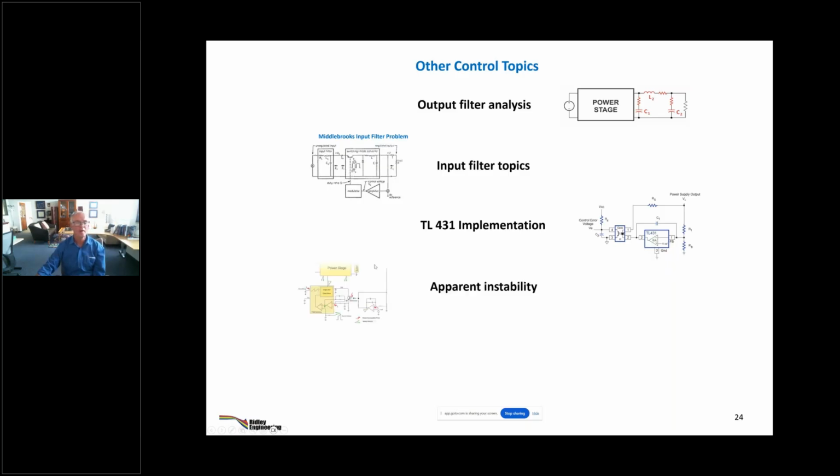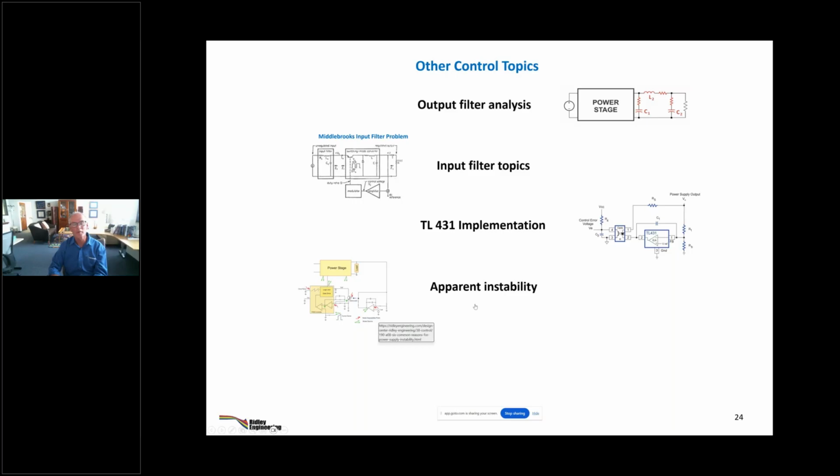And then there's one more paper that you might go look at. And this is 6 common reasons for power supply instability that have nothing to do with the loop gain. Okay, it's all to do with noise in the system. So when somebody comes to us with a power supply, they say, hey, we want to measure the loop.